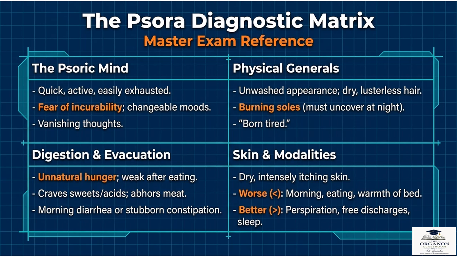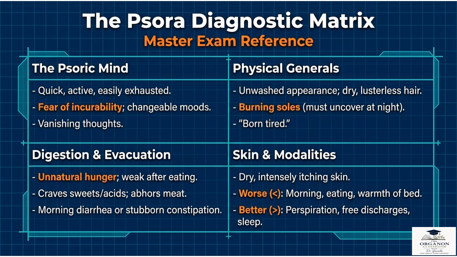Digestion and evacuation: unnatural hunger, weak after eating, crave sweets, acid, abhors meats, abhors matlab aversion to meat, morning diarrhea, stubborn constipation. Skin and modalities: dry, intensely itching skin, worse morning eating, warmth of bed, better perspiration, free discharges, and sleep. Okay, ये आना ही आना है.